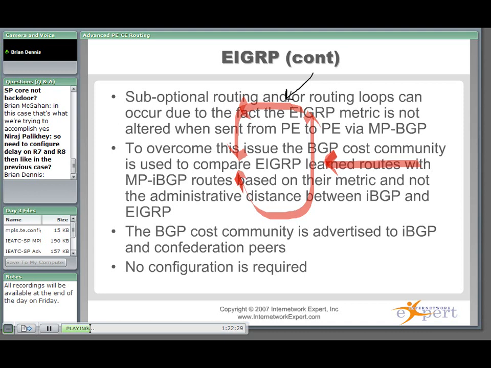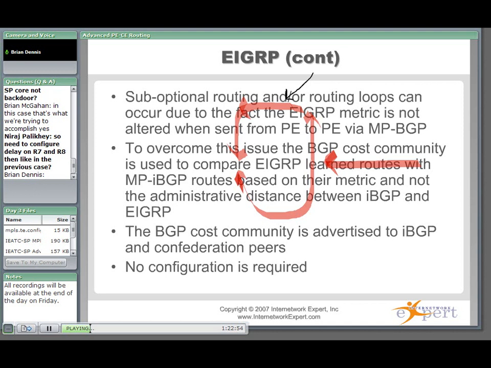We may do a little bit of delay. You may want some routing to the backdoor link, possibly, but more than likely you don't. You probably just offset the delay so that you always choose the path across the MPLS VPNs, so that you don't choose your backdoor link.